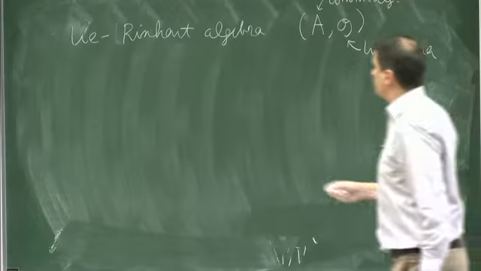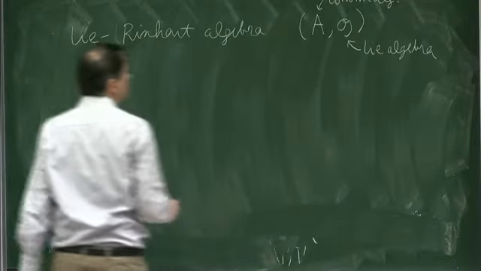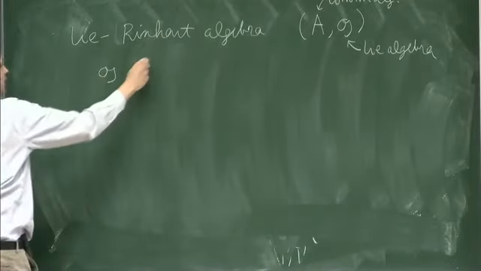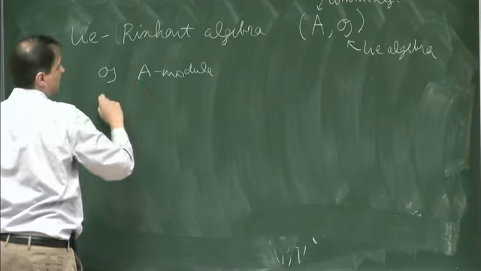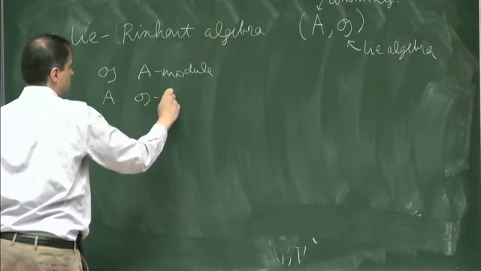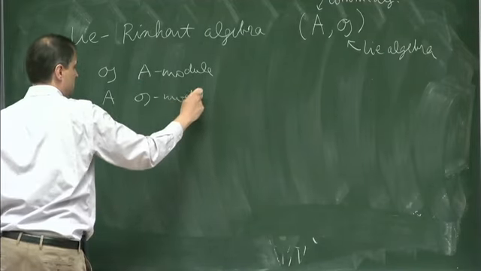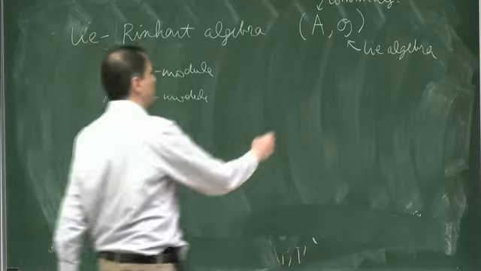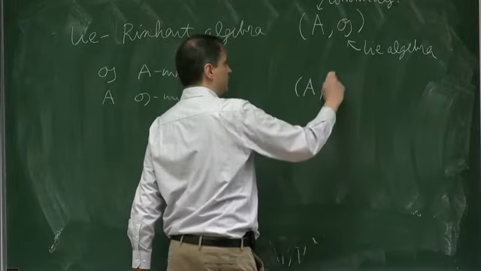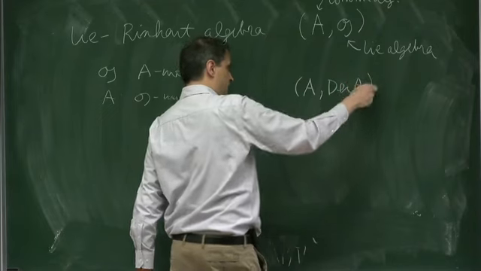G acts on A by derivations, G is an A-module, and A is a G-module, namely G acts on A by derivations, so there are compatibility conditions. The standard example is A and the derivations of A.